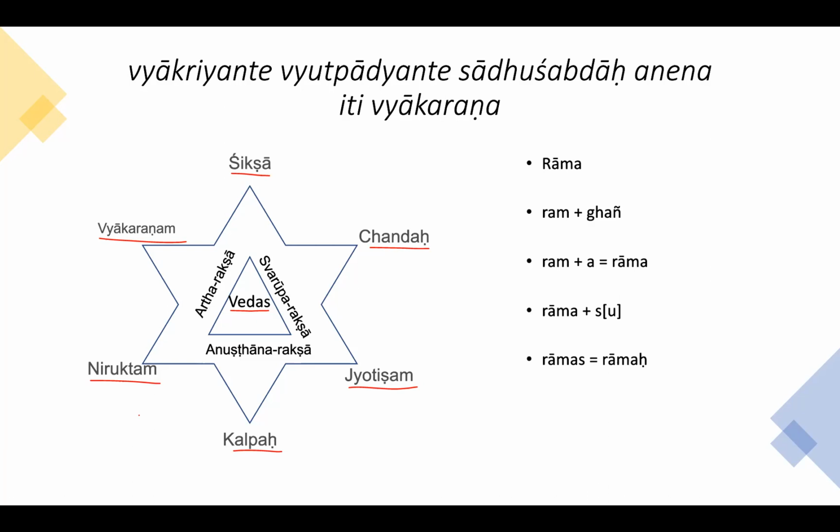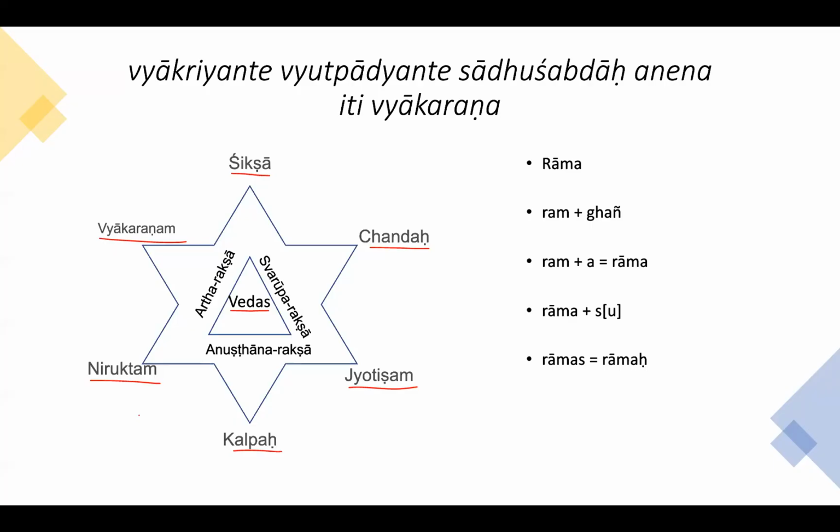Harinamāmṛta Vyakaranam was written by Jiva Gośvāmī, and there are two commentaries on that. One commentary is called Amrita Aswadini, which was written by a Vaishnava named Gopala Dasa. Then there is one more commentary called Balatoshani, which was written by Hare Krishna Acharya.